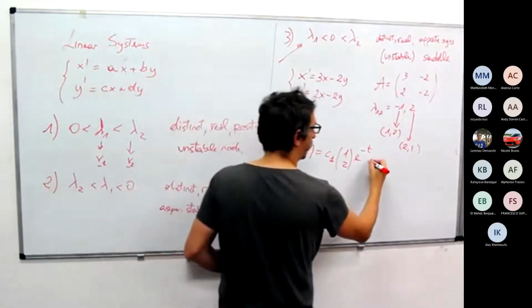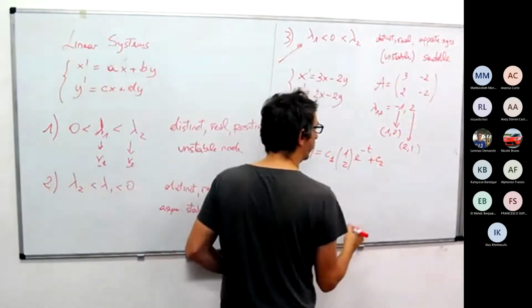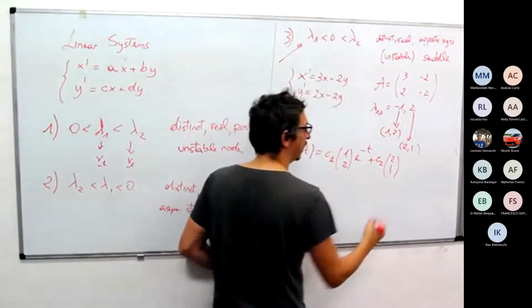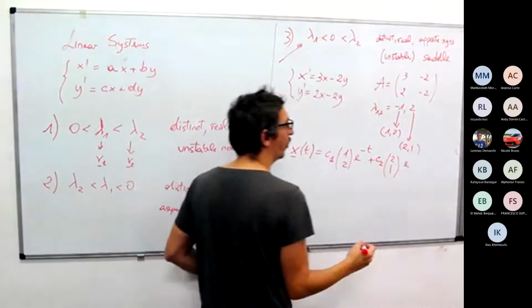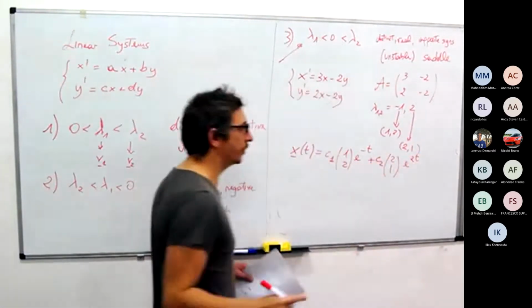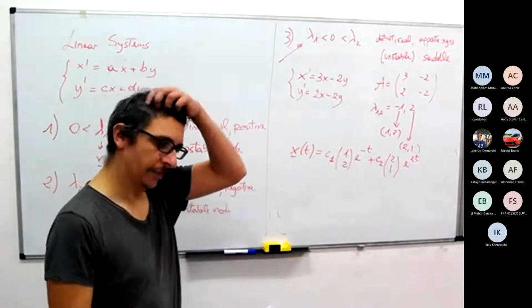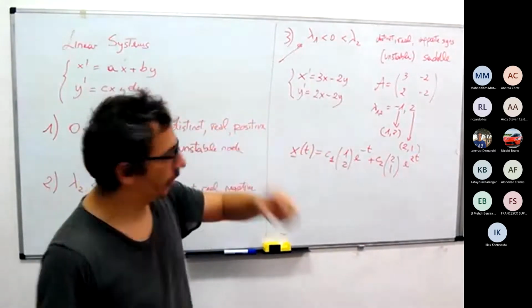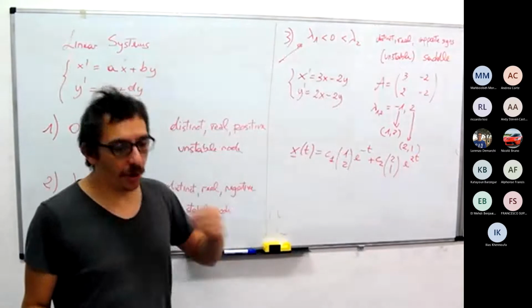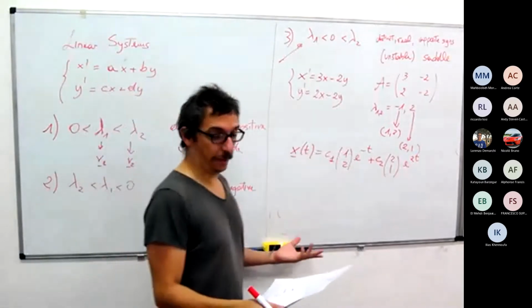And then the second part, which is plus c2 times the second eigenvector 2, 1 times the exponential of what? Second eigenvalue 2 times t. So this is going to be the general solution. As you change c1 and c2, you will have all the possible orbits of the system.